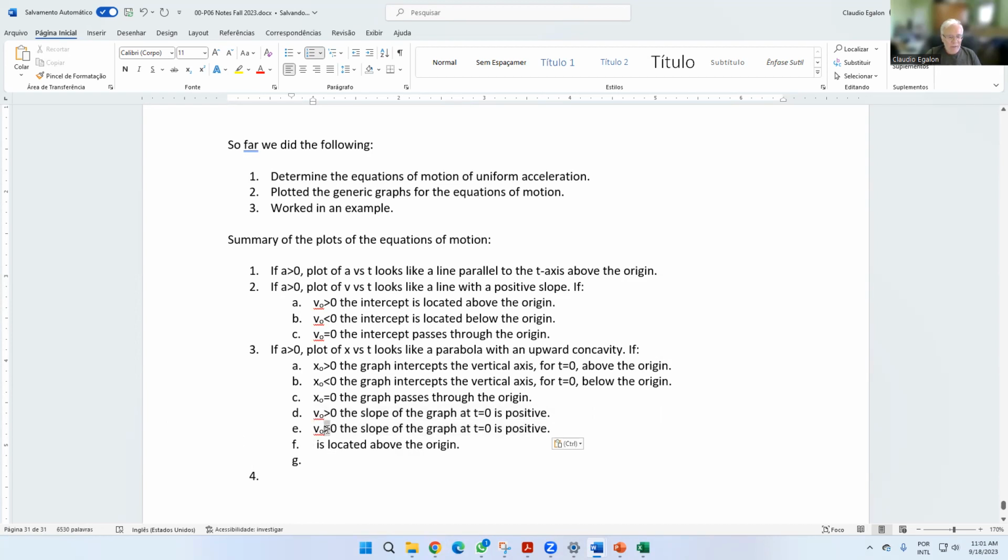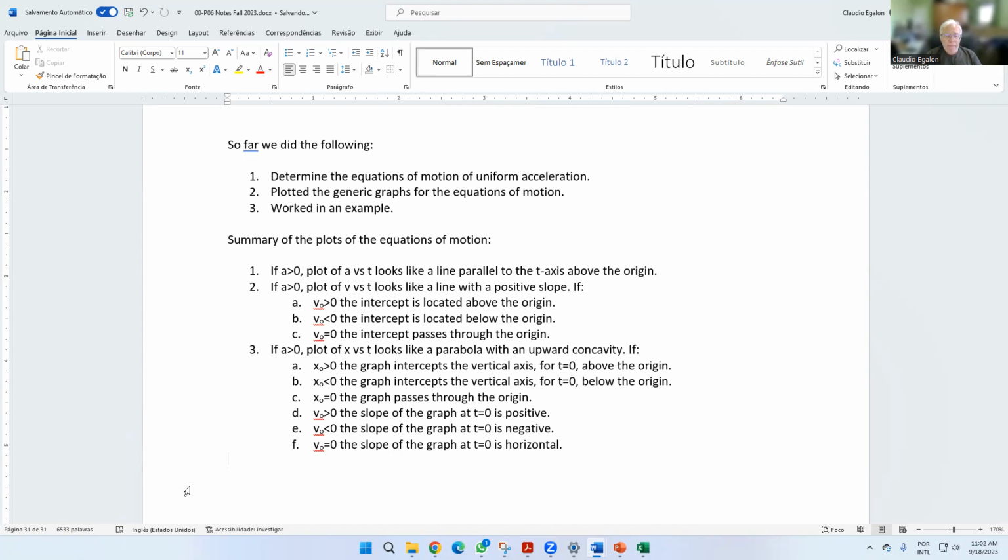If v naught is less than 0, the slope of the graph at t equal to 0 is negative. Finally, if v naught is equal to 0, the slope of the graph at t equal to 0 is horizontal, like that. Okay? So that's a summary of every possible graph that you can have.